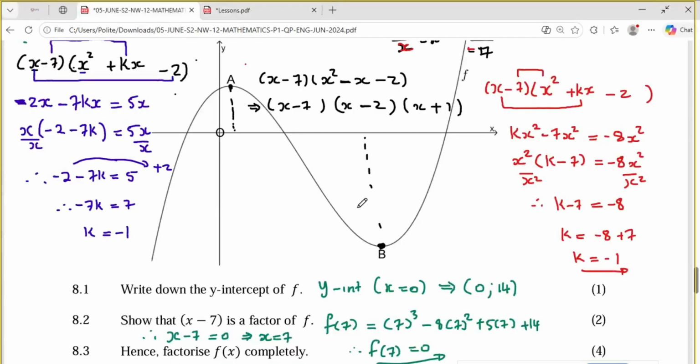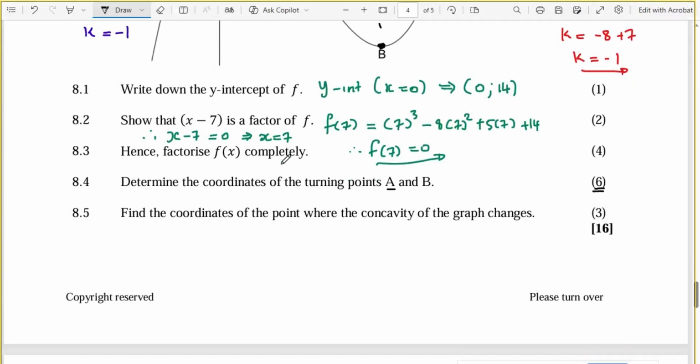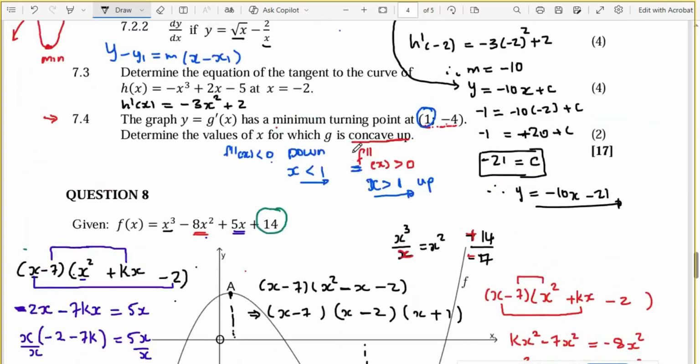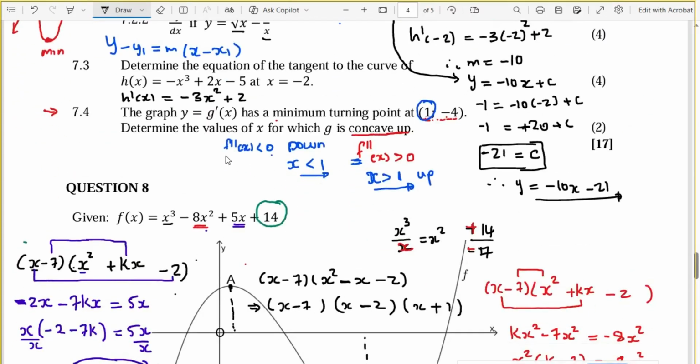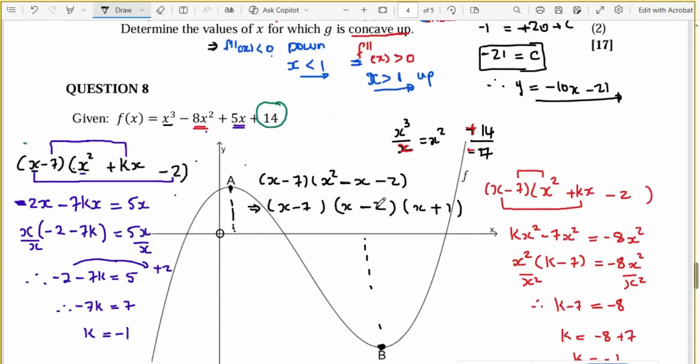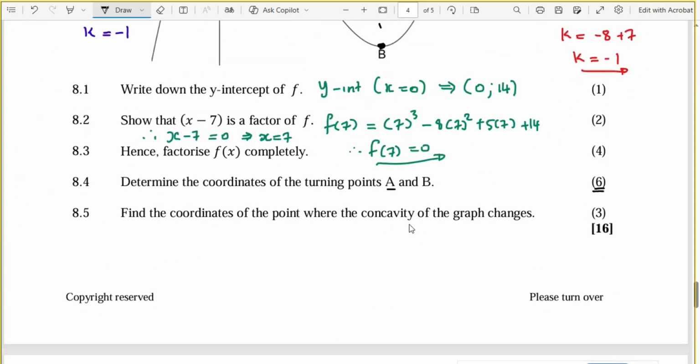Okay, let me look at the next one, number 8.5. Find the coordinates of the point where the concavity changes. Remember we just talked about this on the previous question. I said the concavity changes on the second derivative. So to find that point, you need to find the second derivative of f of x and equate that to 0. If this is my f of x, what will be the second derivative?